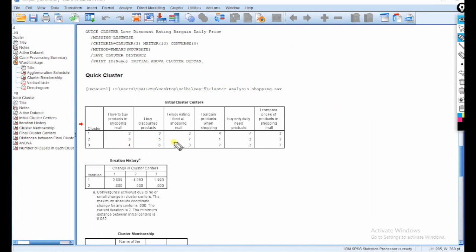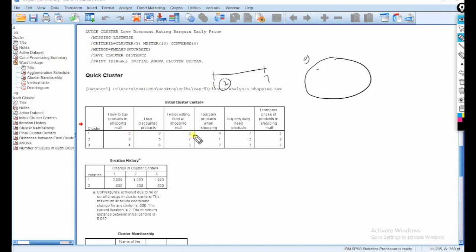The 9 people in this cluster rate I love to buy products in shopping mall poorly, because on the 1 to 7 scale it means they do not agree to buy products in shopping mall.